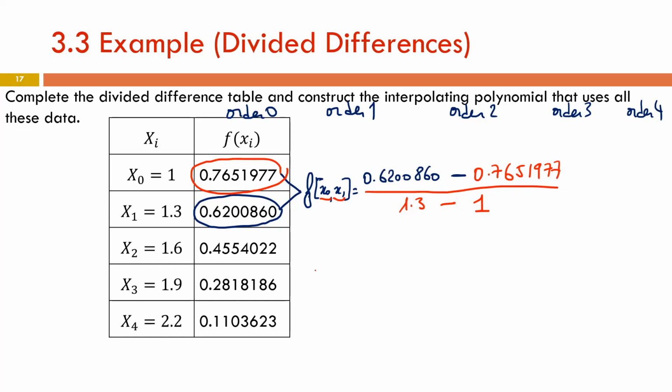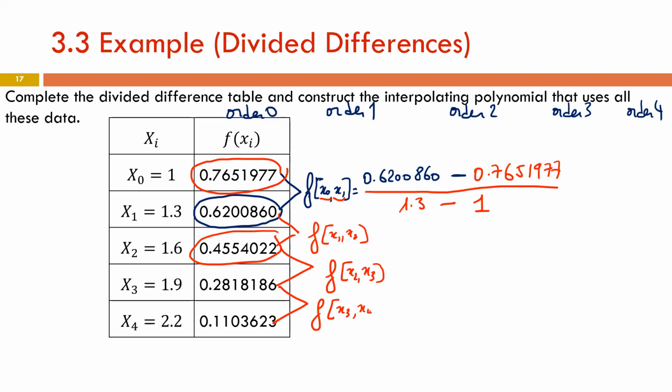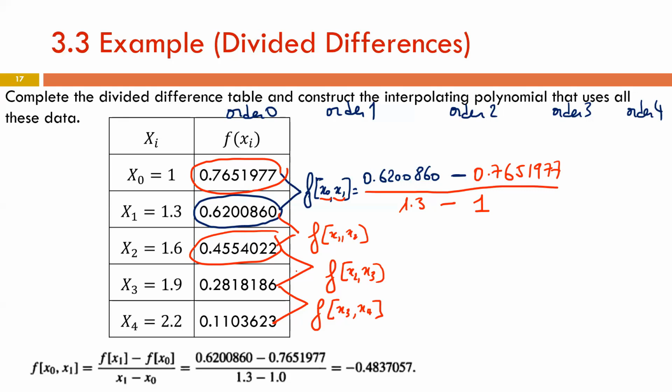This is for order 1, right? Sorry, order 1, the first one, because we still have this one, also order 1, involving x1 and x2, and we have this one involving x2 and x3, and this one involving x3 and x4. We have to complete the whole table. This is order 1. Then we calculate this one. This is the result.